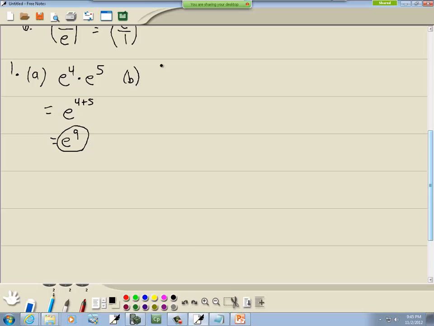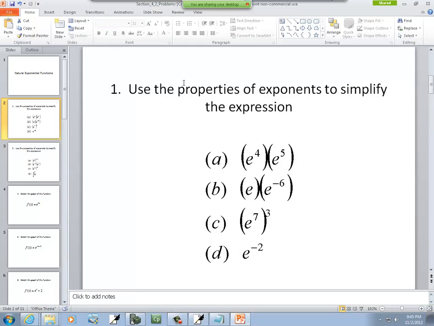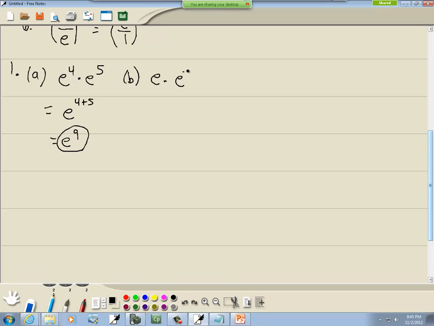Which is okay sometimes. Well, here we have e times e to the negative 6. Well, remember, e is like e to the first. And if you have a negative exponent, you want to move it opposite of where it's at in a fraction. So I need to create a fraction. So I'll put all this over 1. Now we're going to take the part with the negative exponent opposite of where it's at in a fraction. So the e to the negative 6, I'm going to take down to the denominator.